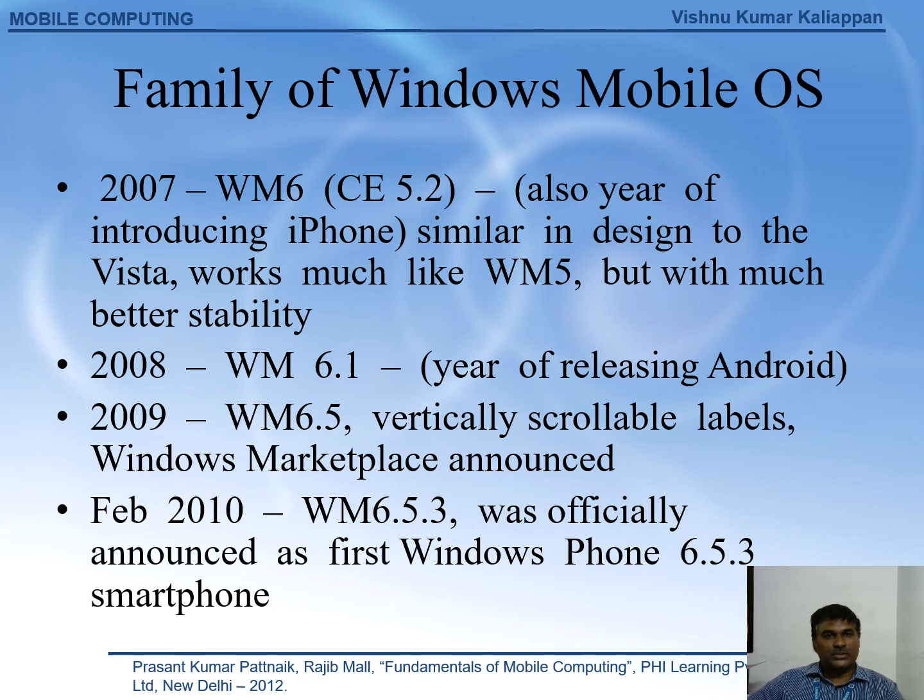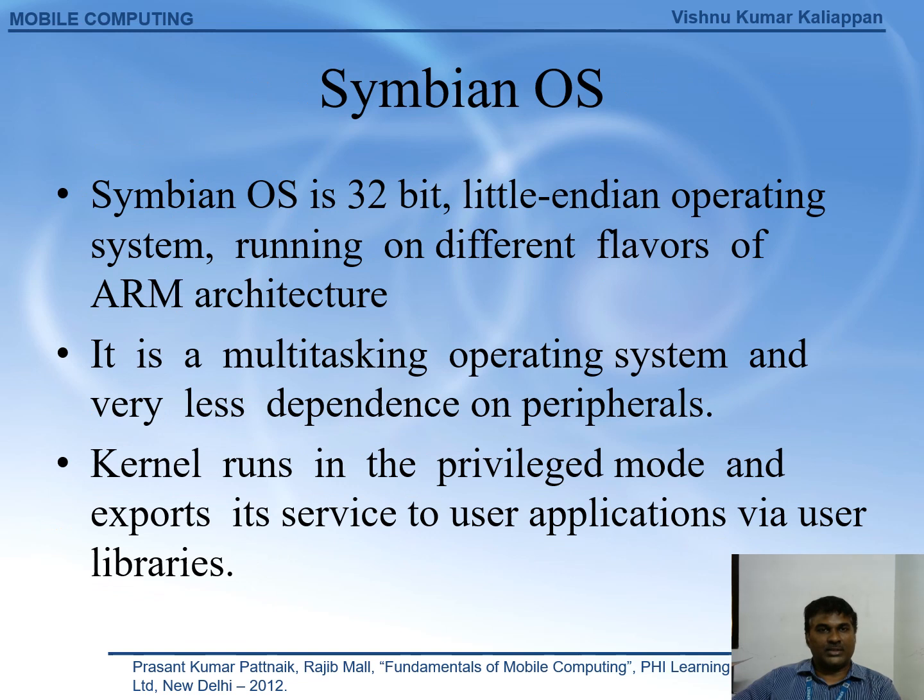In 2007 WM6 was introduced, and in the same year the iPhone came to the market across the entire globe as one of the big competitors. So now it was faced by Windows and other operating systems. In 2008, 2009 and 2010, slowly these operating systems were customized according to the usage and the hardware.